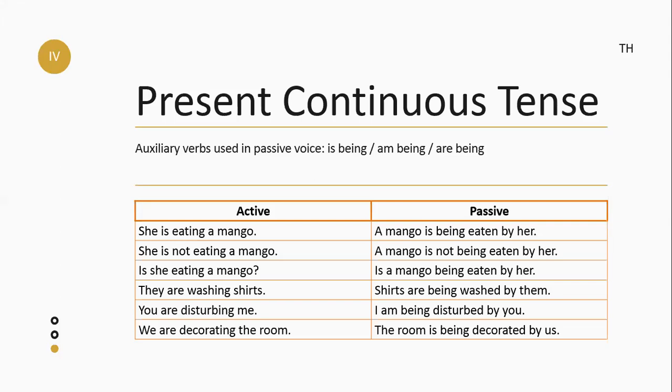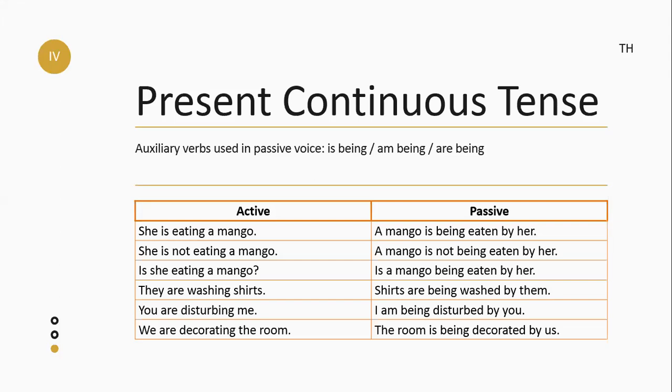We can identify present continuous tense by words such as at the moment, now. If you see those words in a sentence, then definitely you can say that this sentence belongs to present continuous tense.